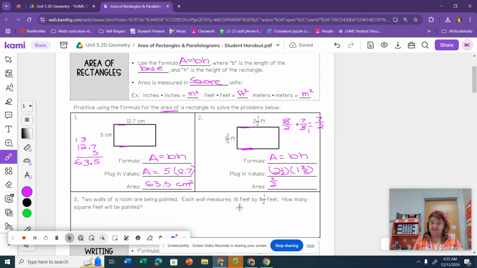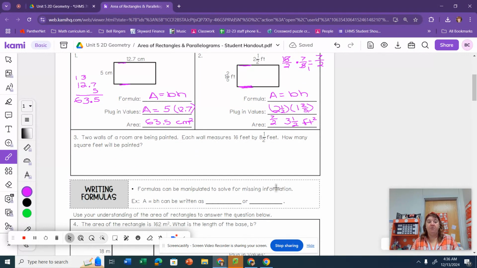However, some teachers want you to bring that back out since you started with a mixed fraction, to bring it back out. And so that would be 2 goes into 7 3 times with 1 left over. And that is feet squared. Okay?